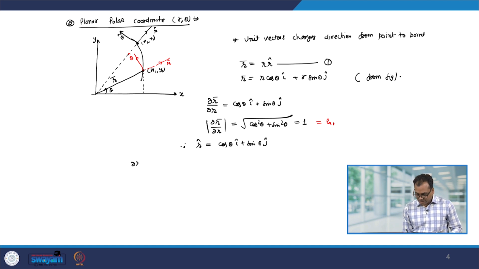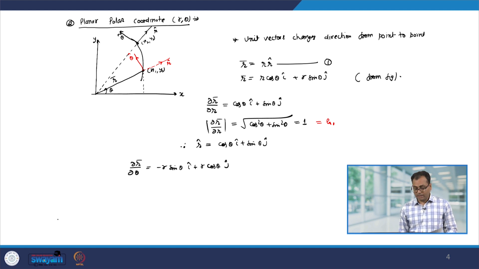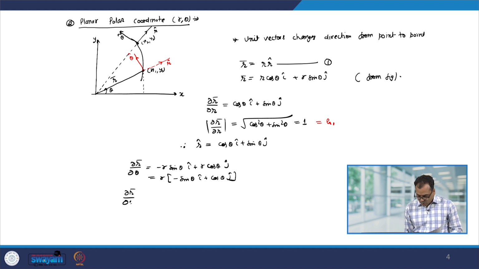Now, let us calculate del r over del theta. So, del r over del theta should be a unit vector along theta. So, let us see, it is minus r sin theta i plus r cos theta j, and we can take r as a common factor. So, it is r times minus sin theta i plus cos theta j. Now, the magnitude of del r over del theta should be 1, but it comes out to be r times square root of sin square theta plus cos square theta.